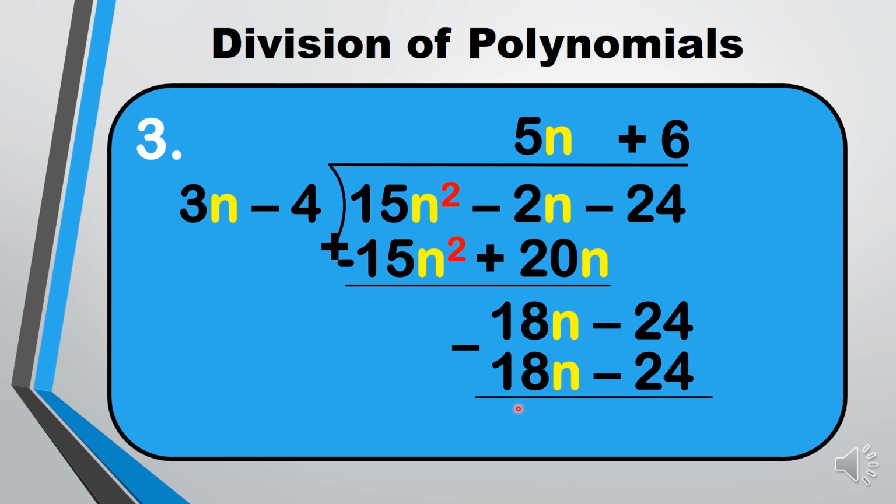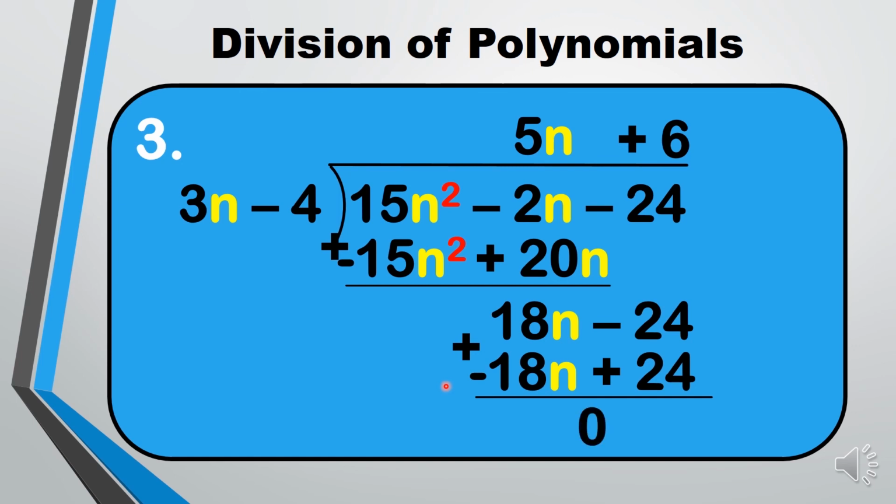Again, let's use the keep change rule in subtraction of integers. So instead of having minus, we are going to have plus. And we are going to change the sign of 18n minus 24. 18n minus 24 plus negative 18n plus 24 is equal to 0.